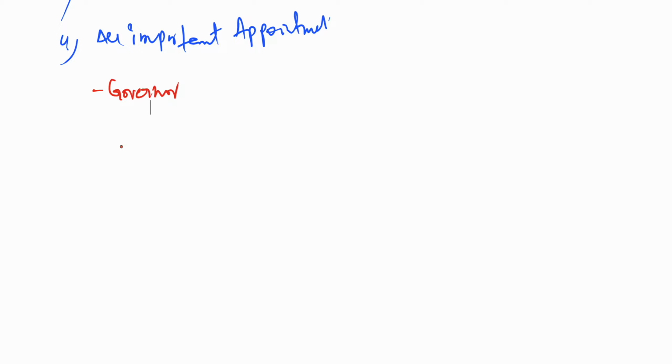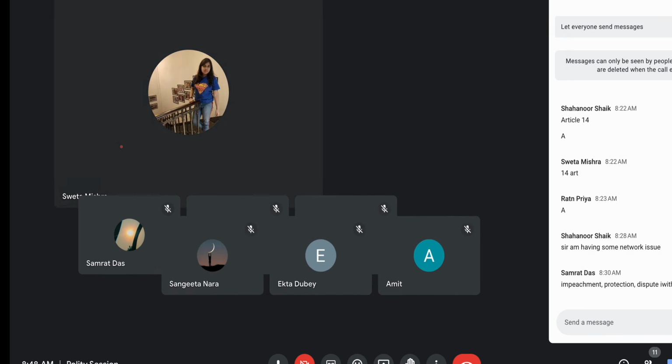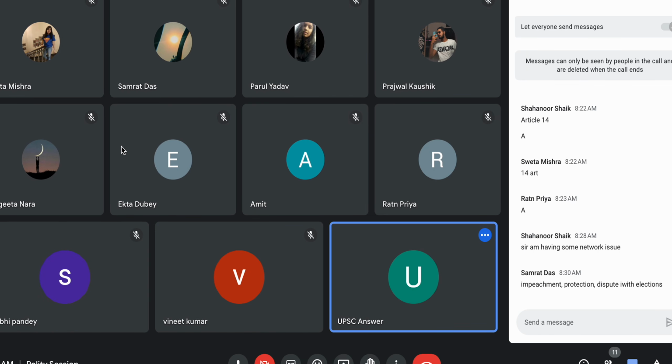Okay, so we know that he can appoint the governor. What about lieutenant governors? Can he appoint them? So we have a question for you. We know that the president can appoint the governor, but do you think that he can appoint the lieutenant governor also?